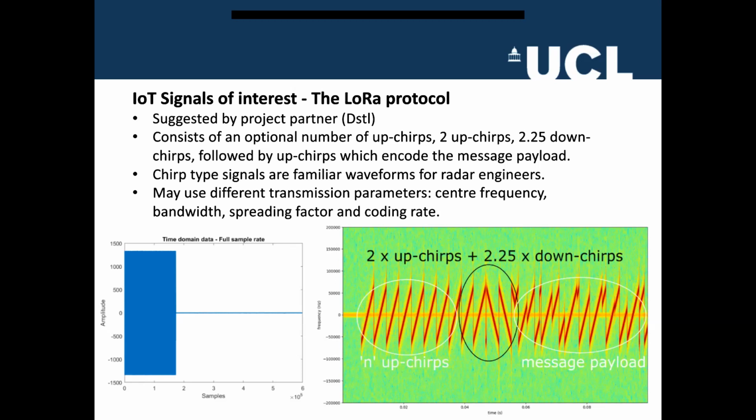There are a lot of different transmission parameters used for LoRa: the center frequency of these chirps, the bandwidth, the spreading factor, which is effectively the chirp rate, and the coding rate. This project looked not only to pick up LoRa signals, but to get the pulse descriptor word for these signals, identifying what transmission parameters had been used for the transmission.